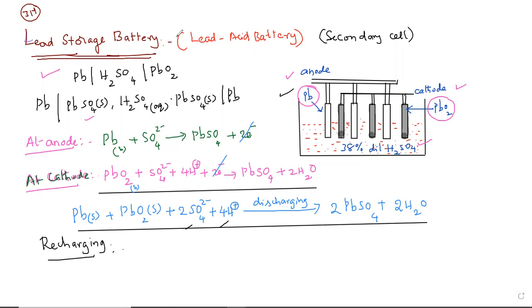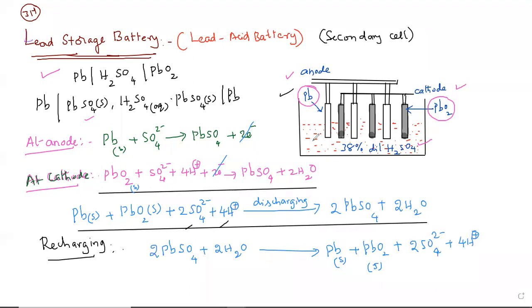That is nothing but 2PbSO4 plus 2H2O gives rise to Pb in solid state plus PbO2 also in solid state, plus 2 moles of sulfate ions and 4 moles of H plus ions. This is one of the important recharging processes of this lead storage battery.